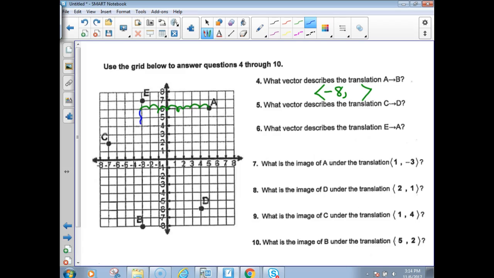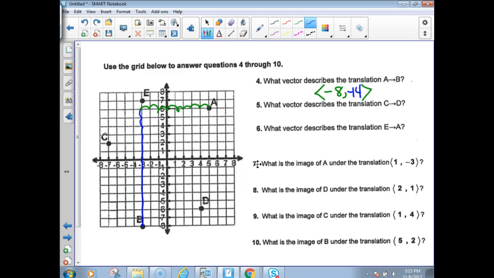How many? 1, 2, 3, 4, 5, 6, 7, 8, 9, 10, 11, 12, 13, 14. -14. Okay, I think you can count those off, correct?